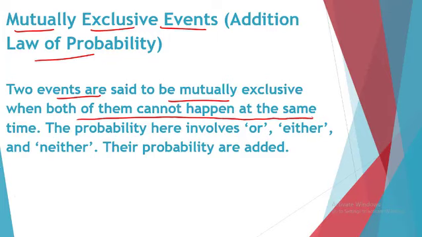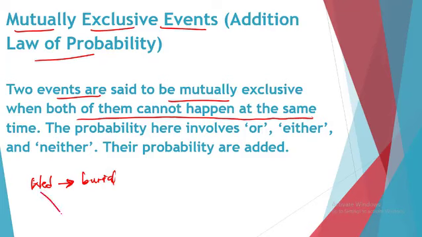Take for instance, a man who wants to wed, and on the day of his wedding, let's say he is also trying to bury his father, the burial of his father.